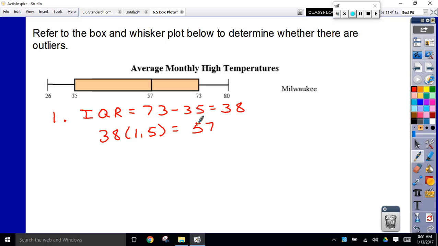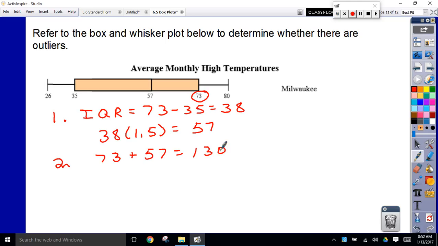Then we go to our upper quartile, which is 73. To see if 80 is an outlier, we add 57 to 73, which, you can tell just from looking at it, is going to be bigger than 80. So we don't have any outliers in the upper quartile. We do 73 plus 57, we get 130, so there's no outliers on that end.